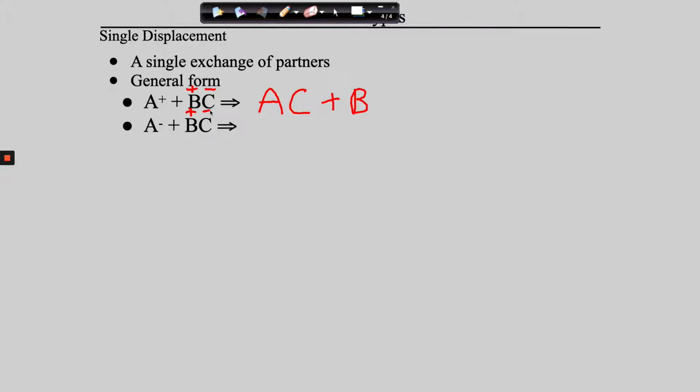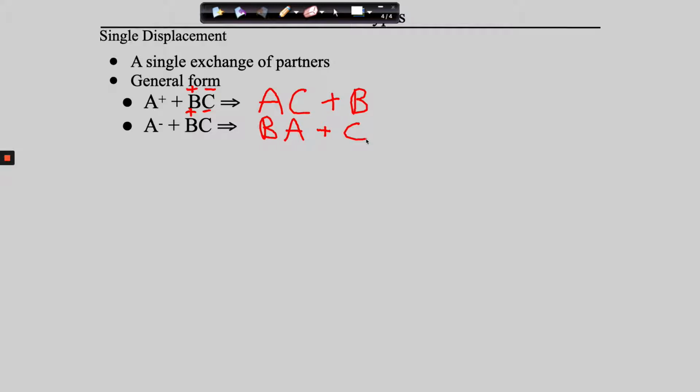So now negative A is going to hook up with B. But guys, talk to me about this. Why is that wrong? Which one always goes first? Positive one. So guys, this is wrong because B is positive. So your product would actually be BA, and then C gets the boot. Is that okay? You feeling okay about that?